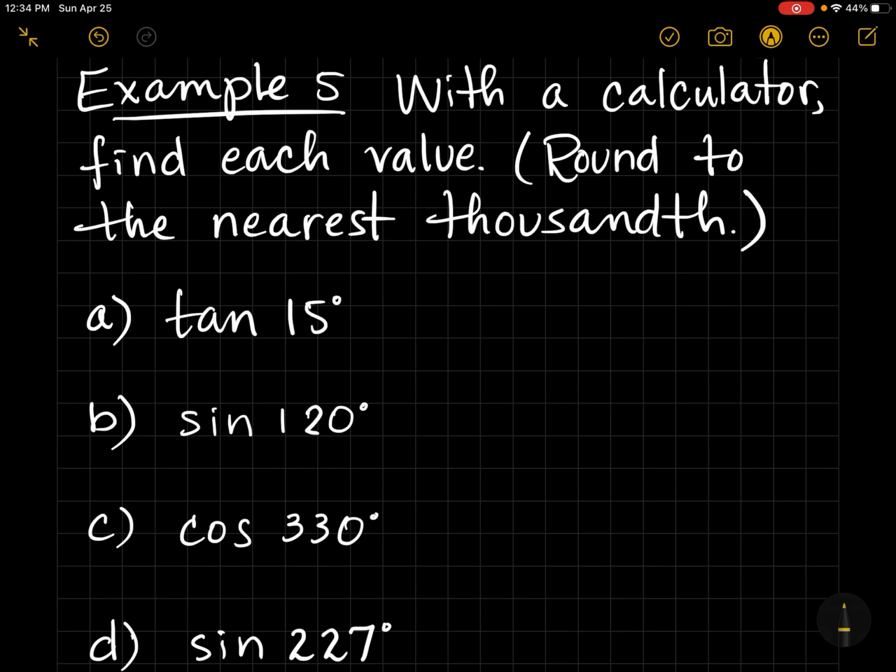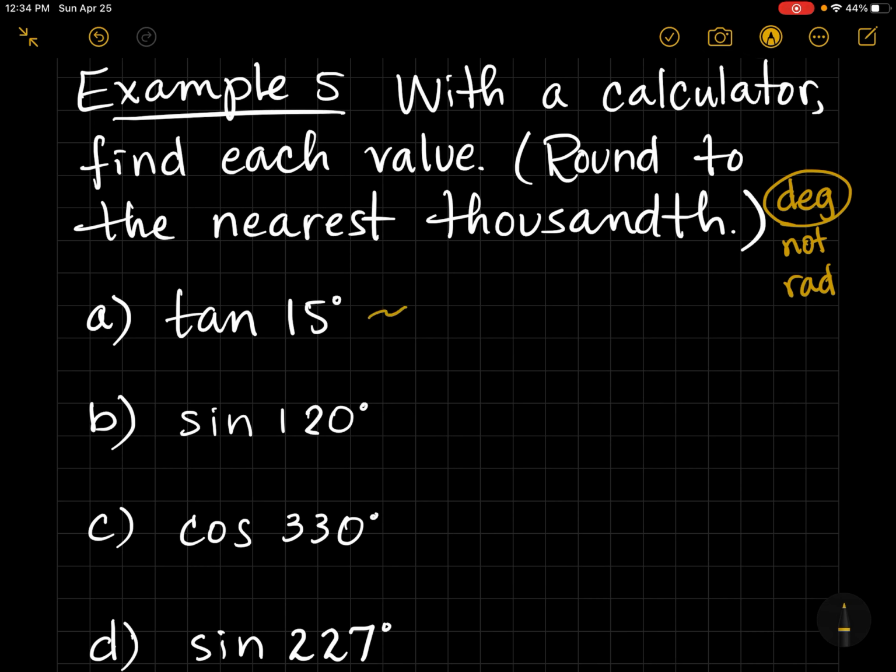So tangent of 15 degrees. You do want to make sure your calculator is in degrees, not radians. I'll teach you about radians next lesson, or maybe the one after that. You want to make sure your calculator is in degrees, and it usually starts in degrees.